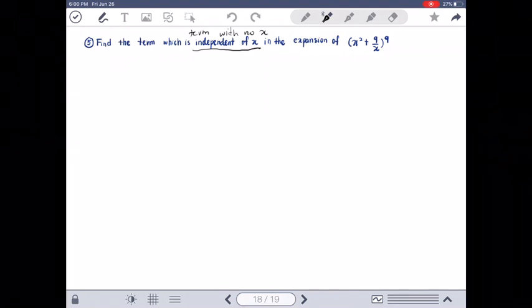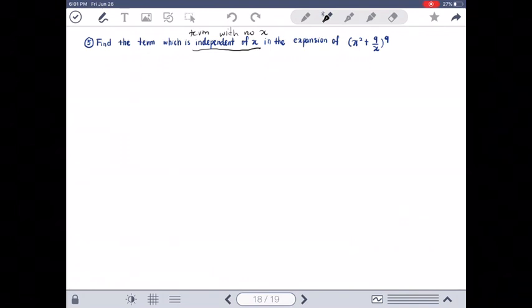And obviously the option that we have is to expand that binomial and find the term which has no x. But if you want to expand, it's going to take time. So what we can do alternatively is we observe the pattern of x.